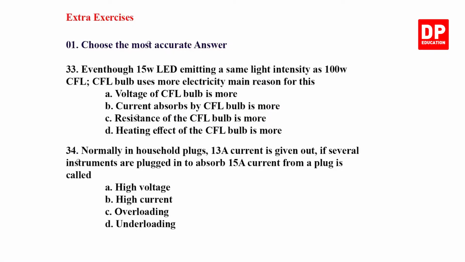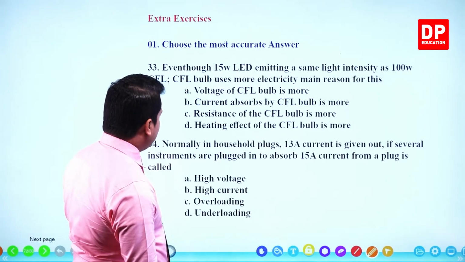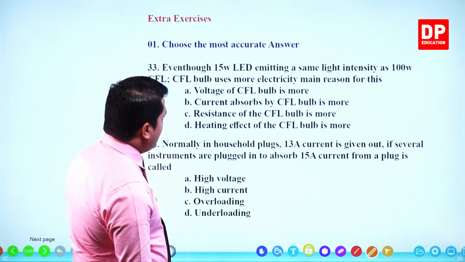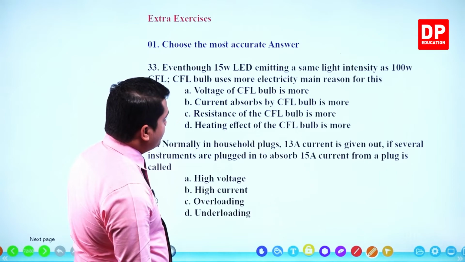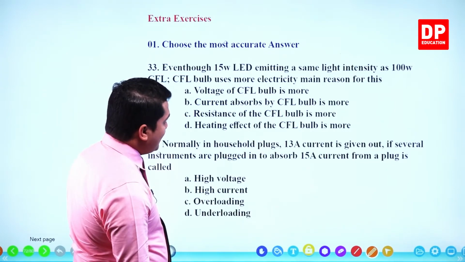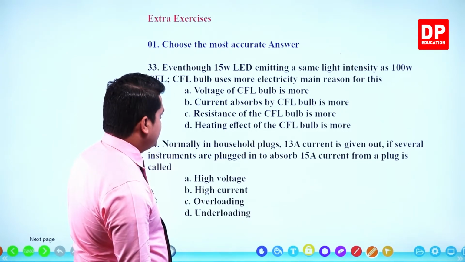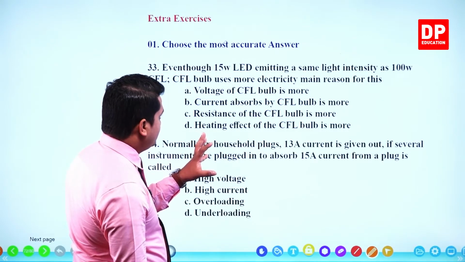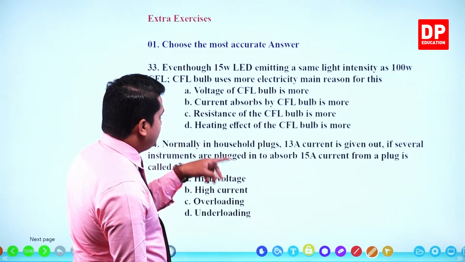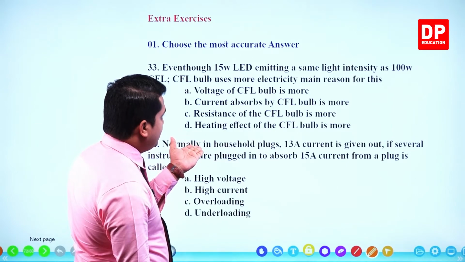even though a 15-watt LED emits the same light intensity as a 100-watt CFL, the CFL bulb uses more electricity. What is the main reason for this? The same light is getting emitted.